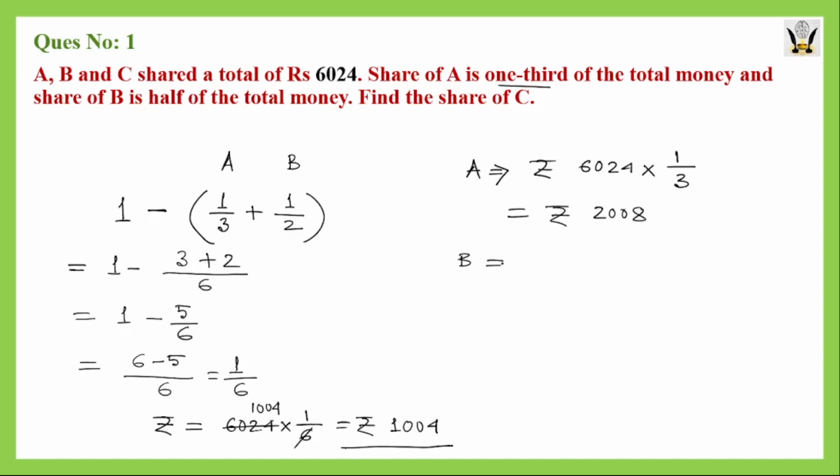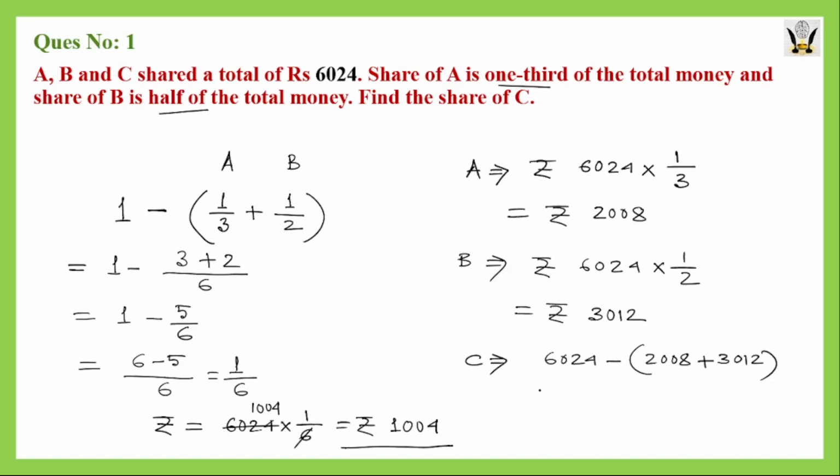And share of B then will be rupees 3012. So the share of C, if we want to find now, then from 6024, which is the total money, if we subtract the summation of shares of A and B, finally it will be again 1004 rupees.